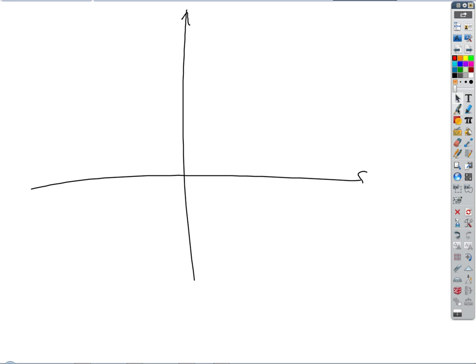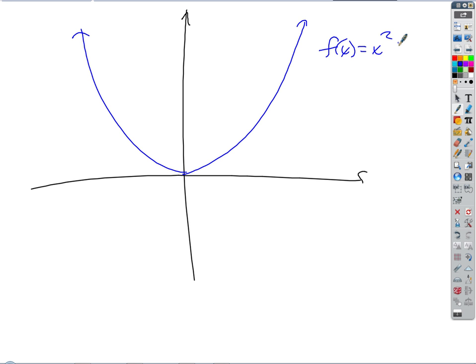So what about this one? What if we want to do the inverse of the function y equals x squared? There's my original function, f of x equals x squared, right? If I want to find the inverse, this is good review also, because the last assignments, the ones in 1-4, deal with inverses.